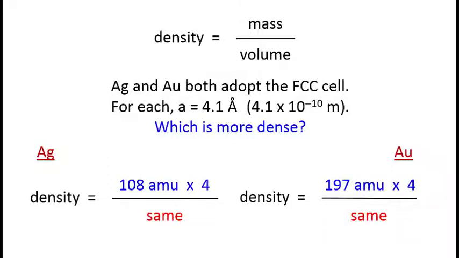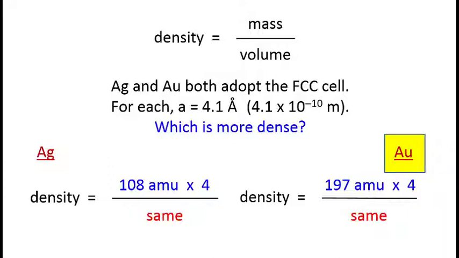Since each element crystallizes in the face-centered cubic arrangement, the mass inside the silver cell is 108 times 4. Recall that there are 4 atoms inside a face-centered cubic cell. The mass inside the gold cell is 197 times 4. If the volumes are the same and there's more mass in the gold cell, gold will have a greater density.